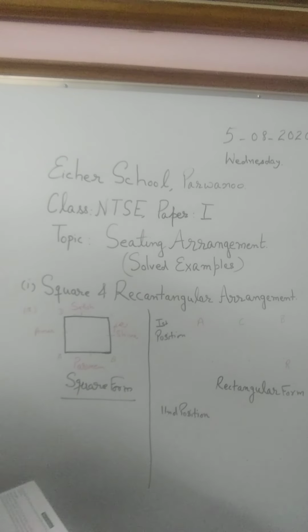So in this we have made the arrangement of boys A, B, C, such that C is in between A and B, and A and R, the girl, are diagonally opposite to each other, at the maximum distance.